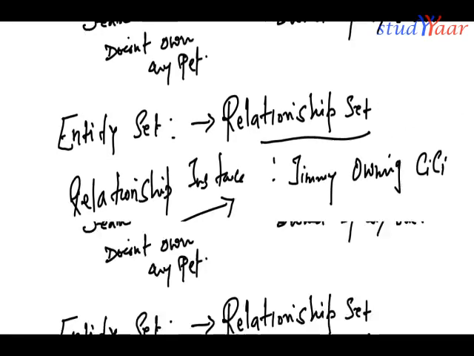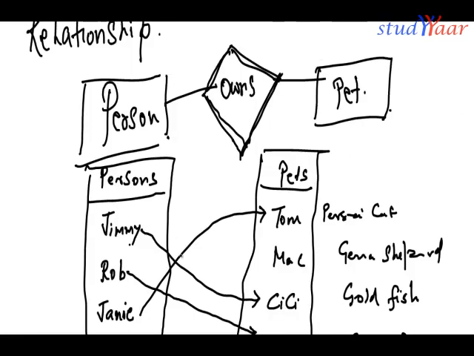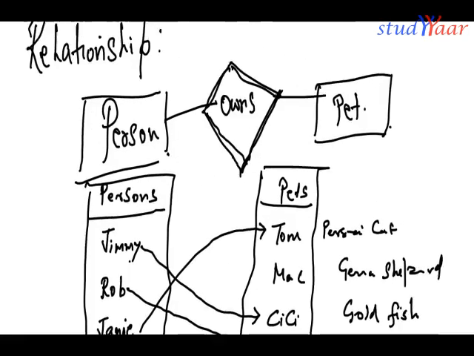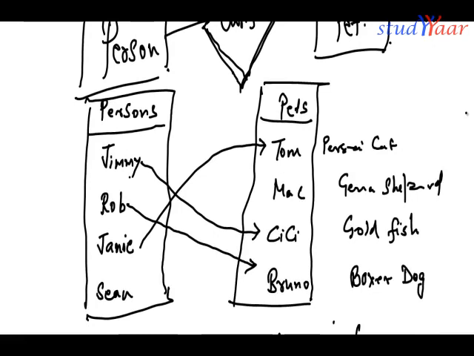So I say that Jimmy participates in the owns relationship, while Sean does not participate in the owns relationship, because there is no relationship instance where we have Sean owning some pet.